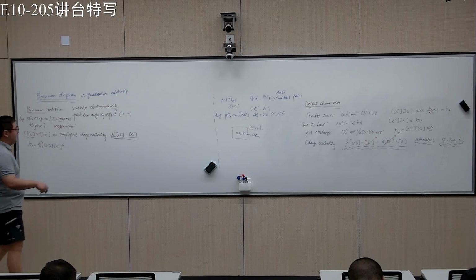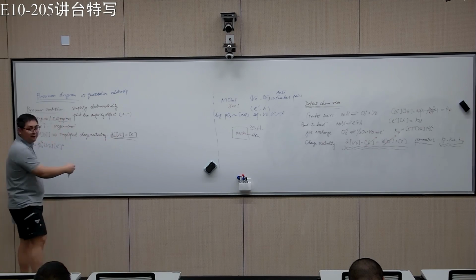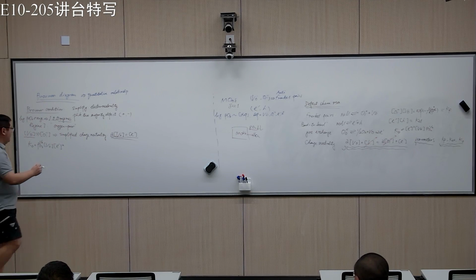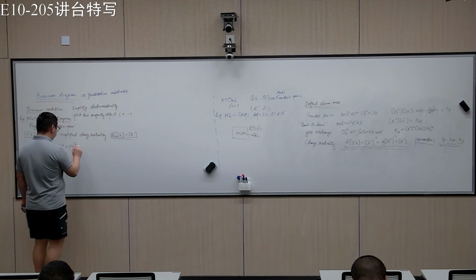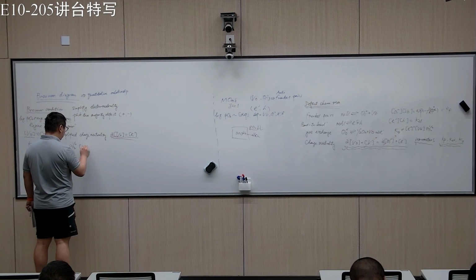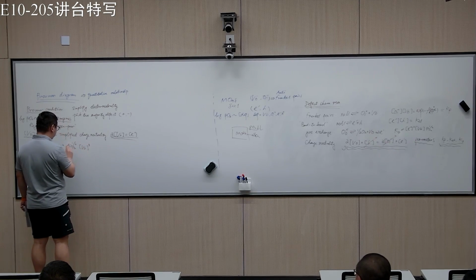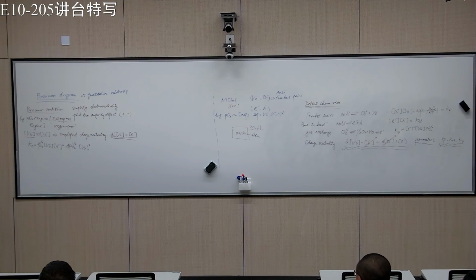Then the electron concentration is basically 2 times the oxygen vacancy concentration, right? Then this is PO2 times oxygen vacancy cubed times 4.